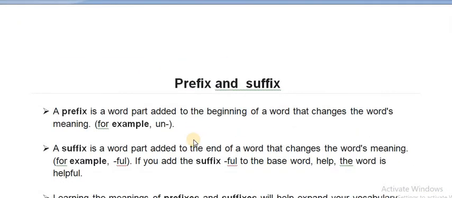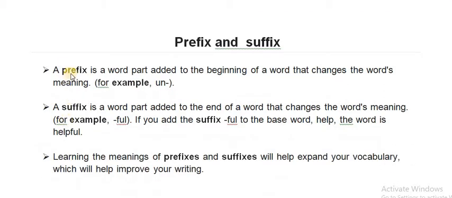Definition of prefix. A prefix is a word part added to the beginning of a word that changes the word's meaning. That means one word is given, and before that word, when we add something, it is called a prefix.